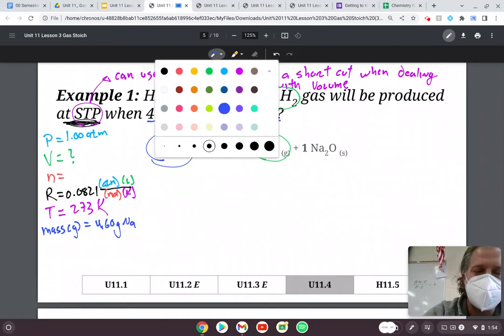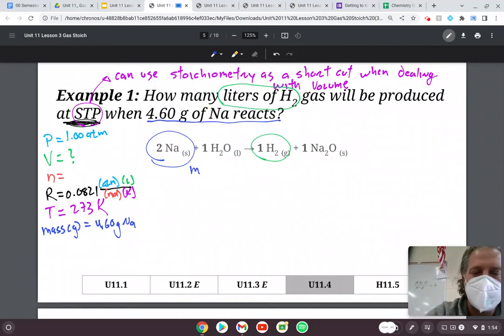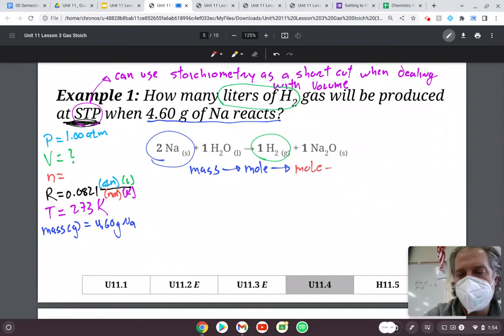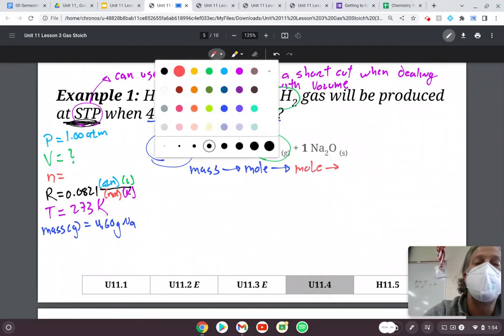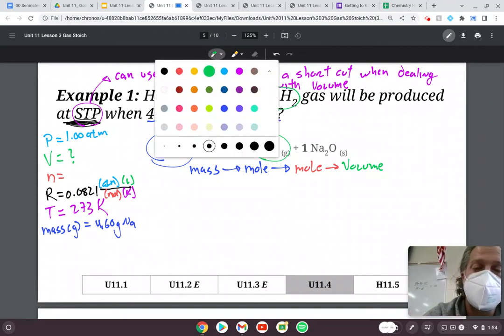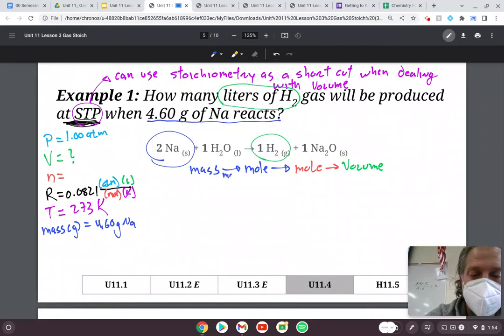So this problem is going to be a mass to mole to volume problem. Now, just like we talked about, when we go mass to mole, we're going to use the molar mass.